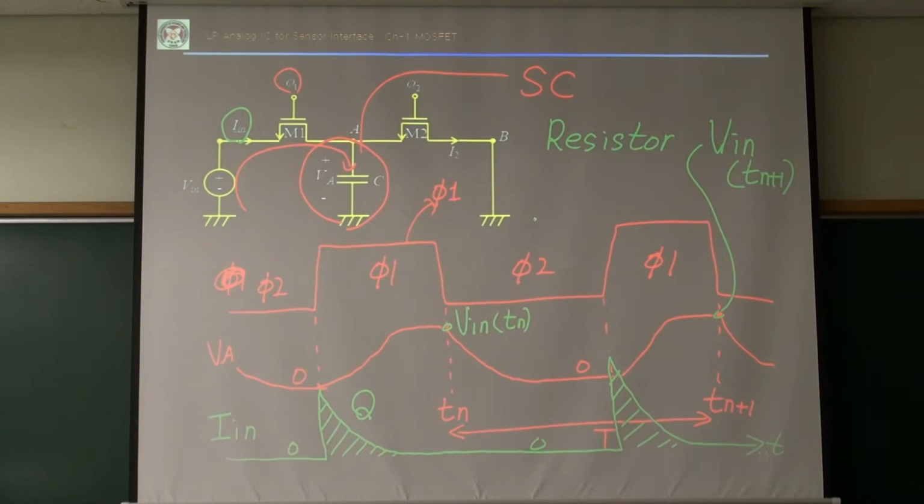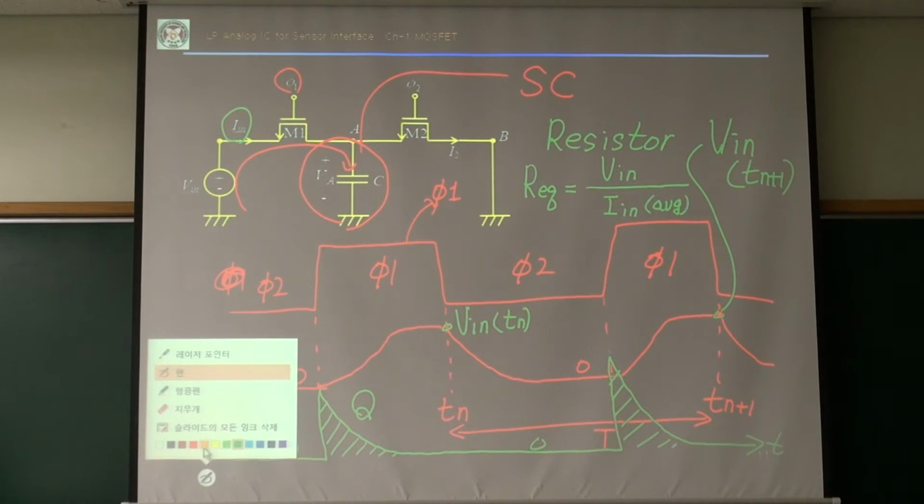It's the same as a resistor, because this capacitor loses all the energy during phi 2 phase, and then claims the energy at every phi 1 phase, right? So it is like a resistor. So what's the effective resistance in this case? The effective resistance is this voltage Vin divided by the average value of Iin.